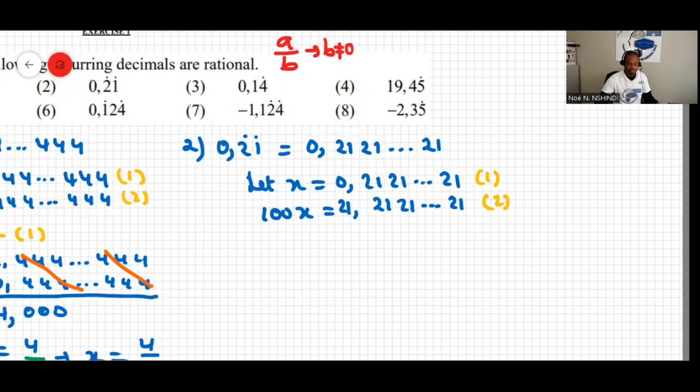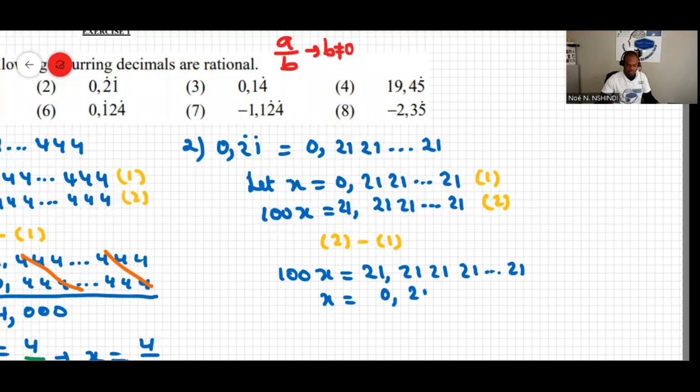Now, let's do equation 2 minus equation 1. So 100x is equal to 21,2121 dot dot dot, and x is equal to 0,2121 dot dot dot 21. If we simplify, 100x minus x is 99x, and 21 minus 0 is 21.